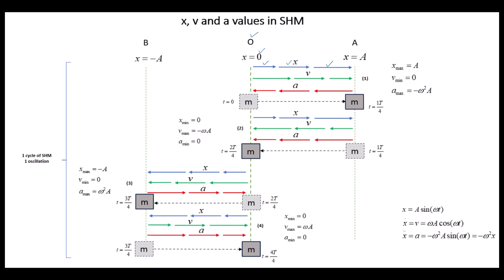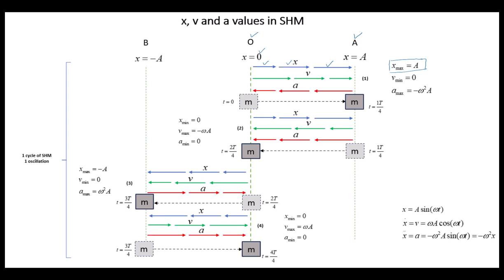Because the position of the object goes further and further away from the midpoint, and the displacement, which is the distance measured with respect to the point O, will go on increasing in magnitude. And we see that the displacement will be the maximum at the end point A. The maximum displacement, x max, will be equal to the amplitude. So plus A means displacement is in the positive direction.